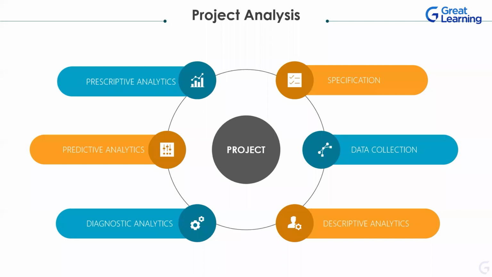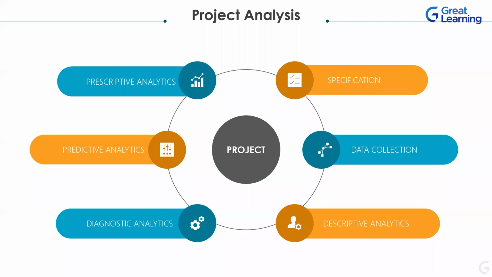So project analysis: if you're working on any data science project, the very first thing you have to do is understand the business requirement. What is their specification? What is their bottleneck, their pain point? Unless you have empathy with them, you won't be able to solve their problem. Once you have the specification, get the data collected accordingly. Have descriptive statistics done, do diagnostic analytics on why this is happening, or what is the problem with the data.